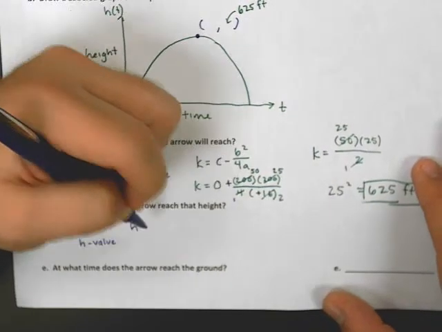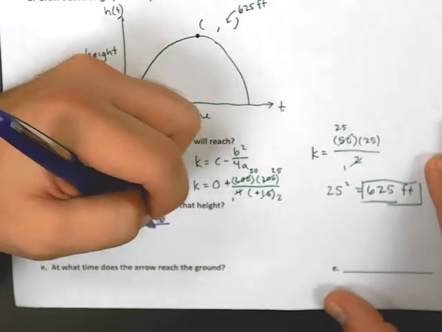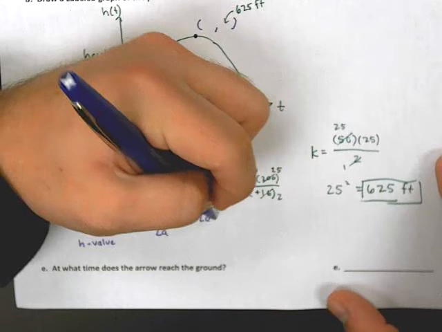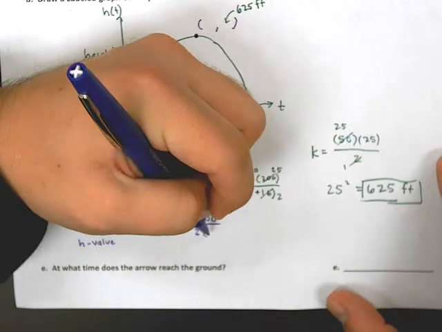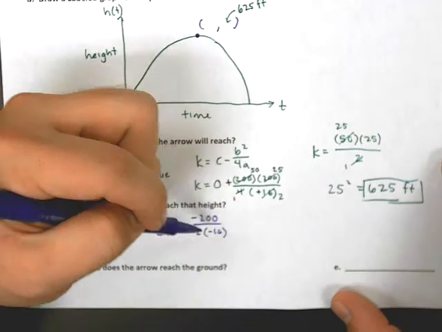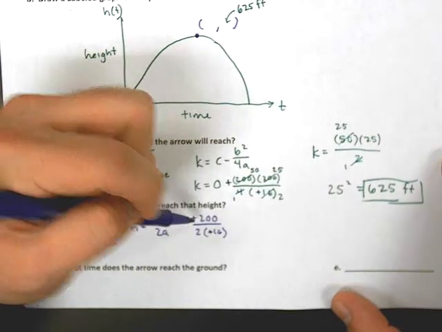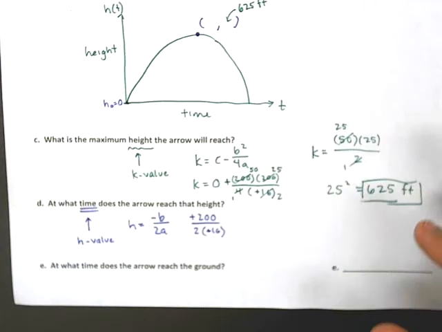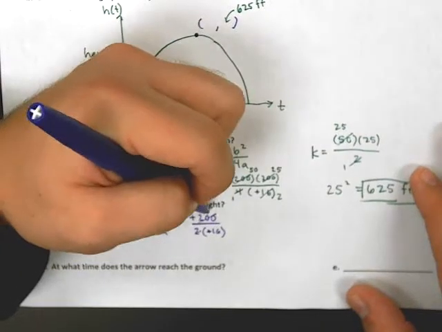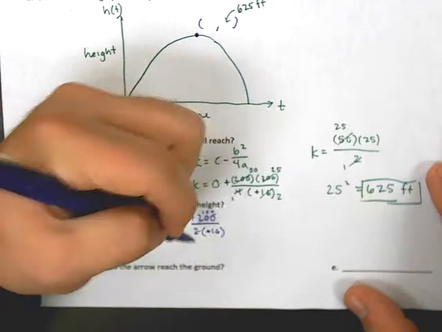Well, this one's even a little easier. We have negative b over 2a. So negative 200 over 2 times negative 16. Once again, I'm going to cancel out my negatives, or make them positives, however you want to think about it. And then I can start to reduce. The easiest one is making this 100 and this 1.